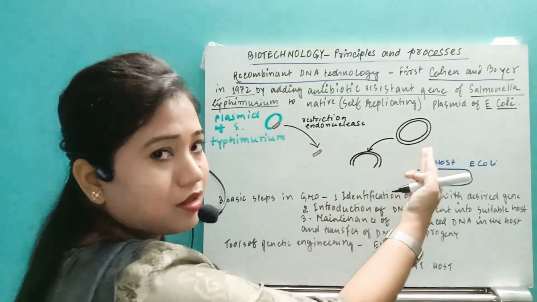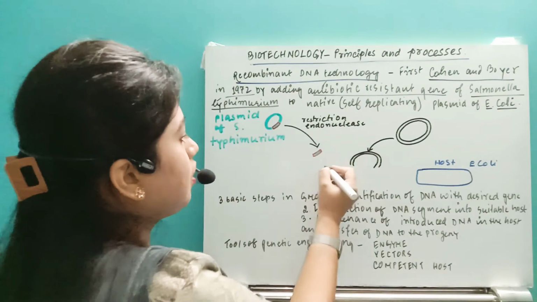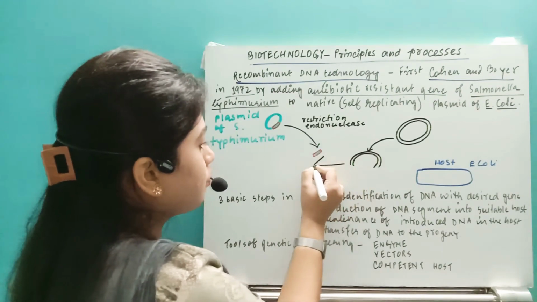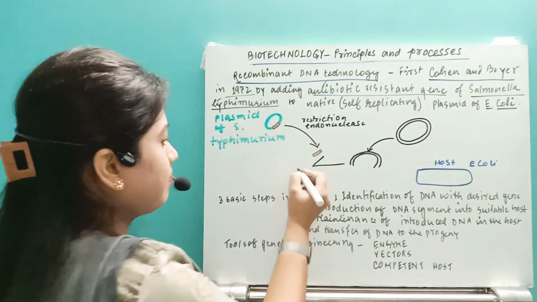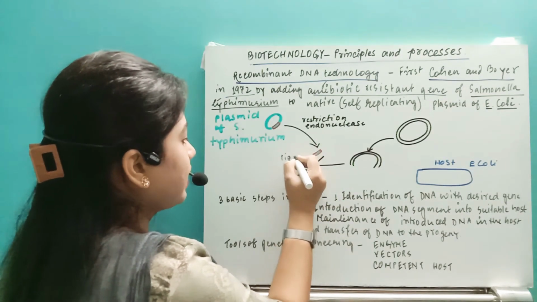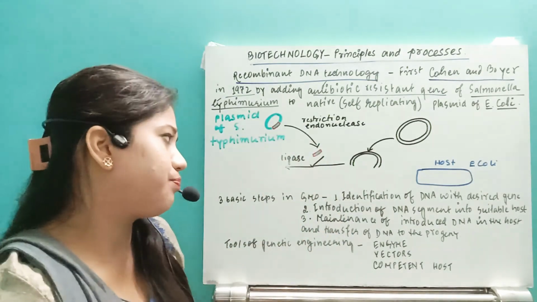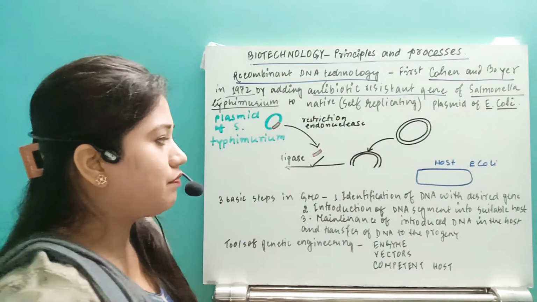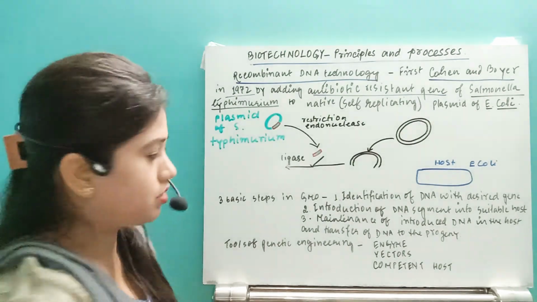We cut the circular DNA, it will be straight. Then after that, both of these will be joined by another enzyme, and that enzyme is the DNA ligase enzyme. Not DNA ligase, here it's the ligase enzyme. So the ligase enzyme will help in joining the two, the desired gene fragment, right?